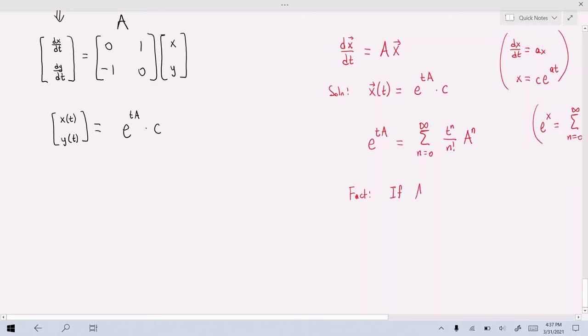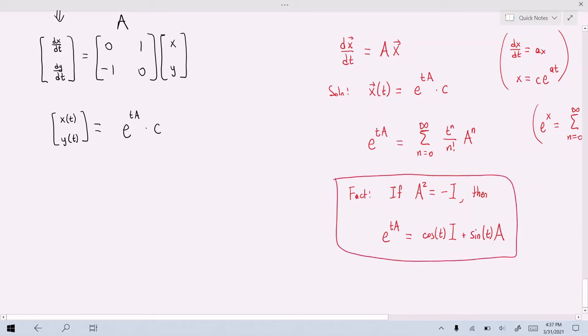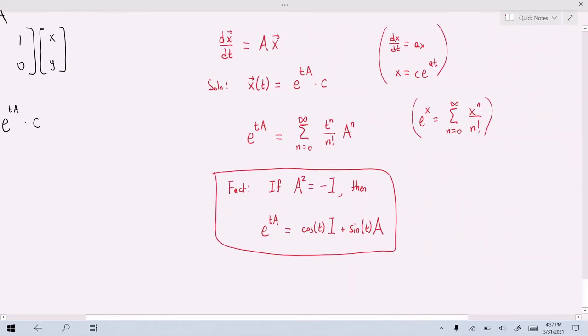If A is a matrix satisfying A squared equals negative identity, then it can be shown that e to the tA will be equal to cosine of t times the identity matrix plus sine of t times the matrix A. By the way, that's somewhat analogous to Euler's formula, if you've ever seen it: e to the it, where i is the imaginary number, equals cosine of t plus i times sine of t, where i squared is -1.